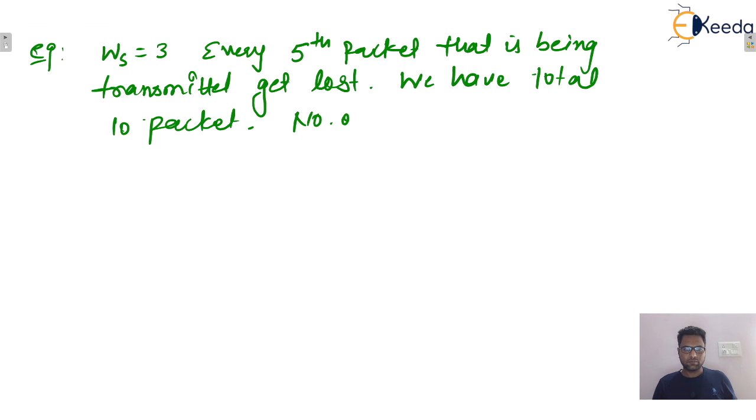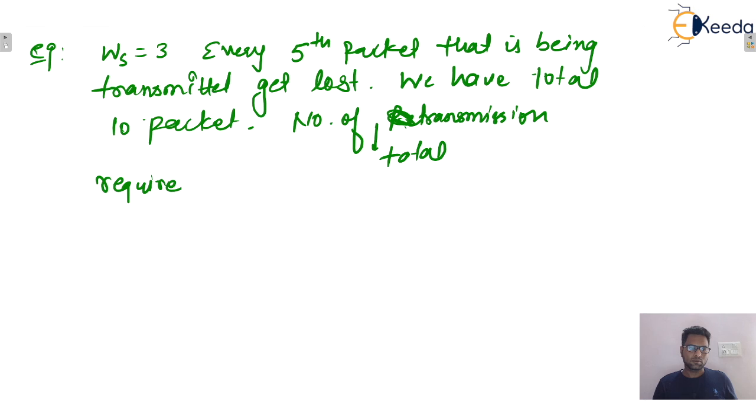Then the question is how many transmissions are required. Whether it is a retransmission or an actual transmission, all will be considered as a transmission. Means in total how many transmissions will be required to send these 10 packets successfully. That is the question.